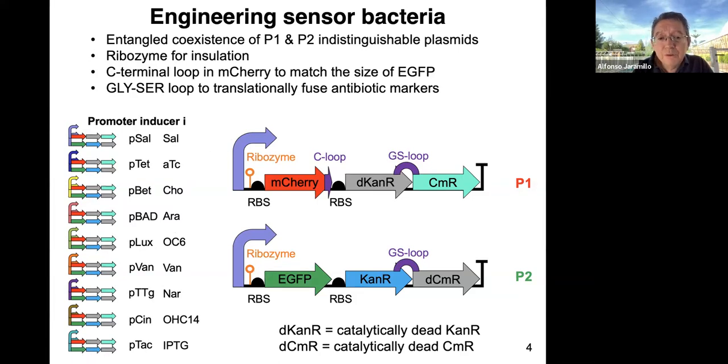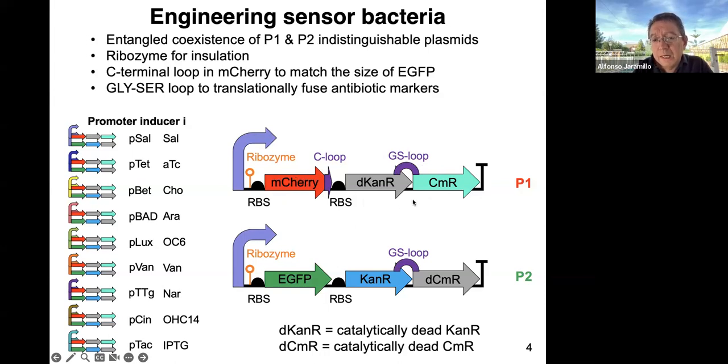Then I use a ribozyme, a typical insulator in the 5' UTR, so that translation can be more standardized. Then I put in an antibiotic cassette, which is polycistronic with the fluorescent protein, so you have a second RBS.